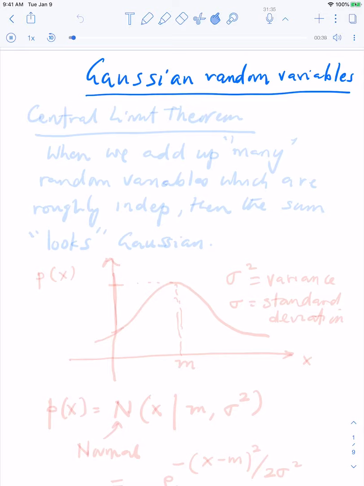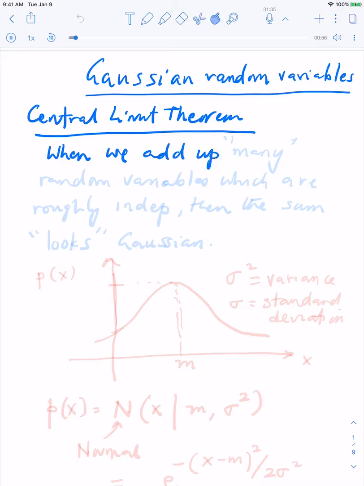So let me just informally state the central limit theorem. So basically it says that when we add up a lot of random variables, let me make it many random variables which are roughly independent. Again, I'm stating it very, very informally.